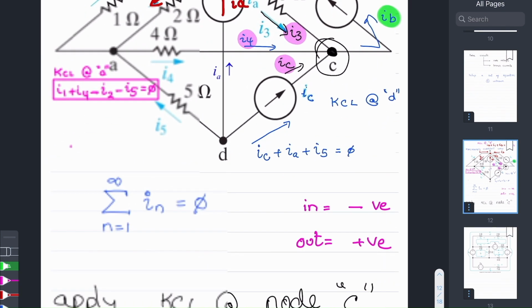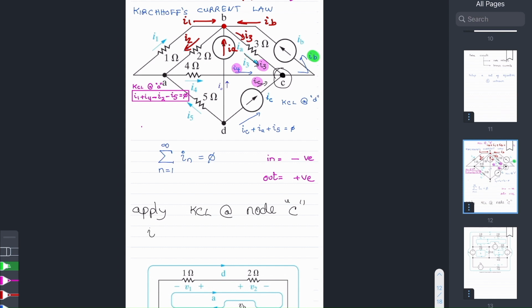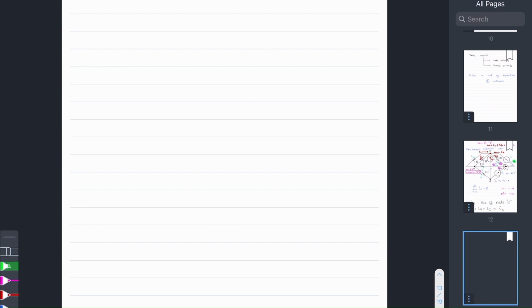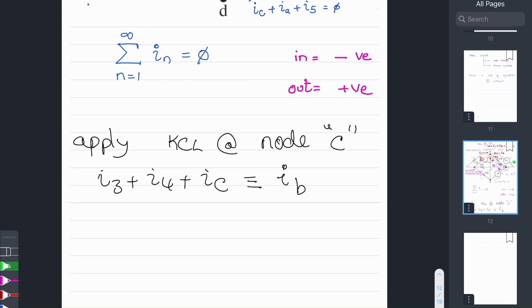The sum of the currents entering, I3 plus I4 plus IC, equals the sum of the currents that are leaving, which is IB. That's the idea of KCL, Kirchhoff's current law.